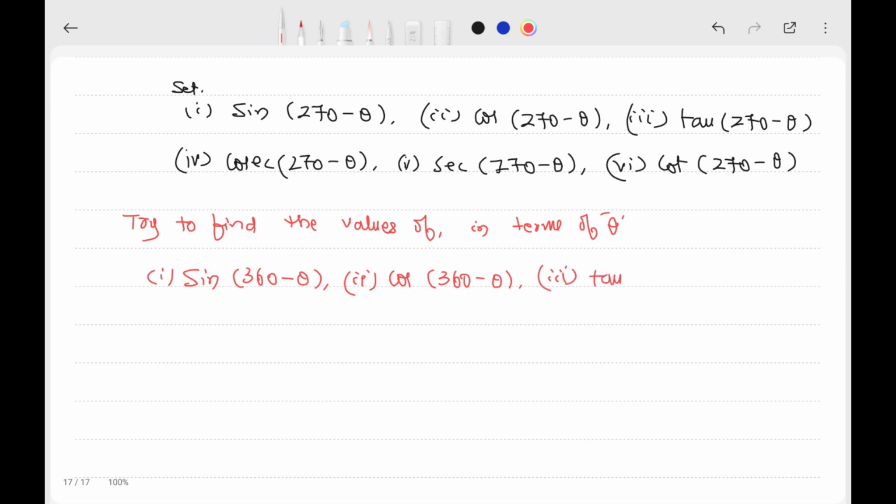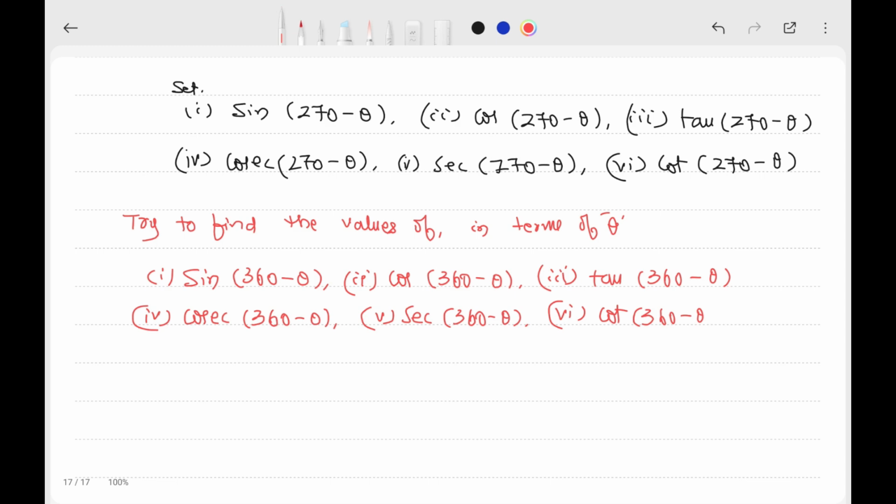Tan 360 minus theta. 4. Cosecant 360 minus theta. Secant 360 minus theta. Cot 360 minus theta.